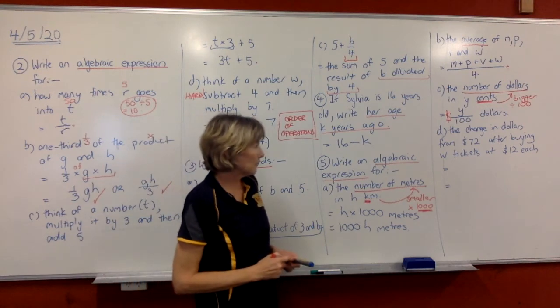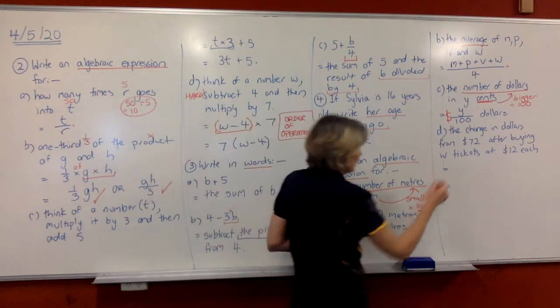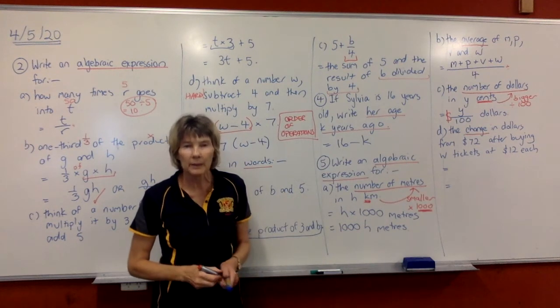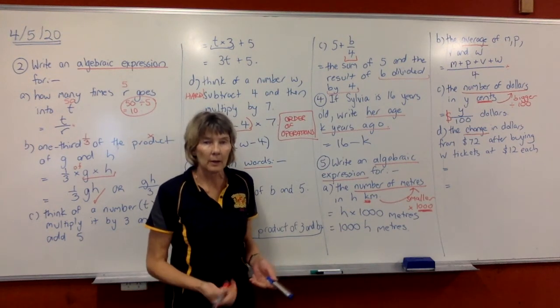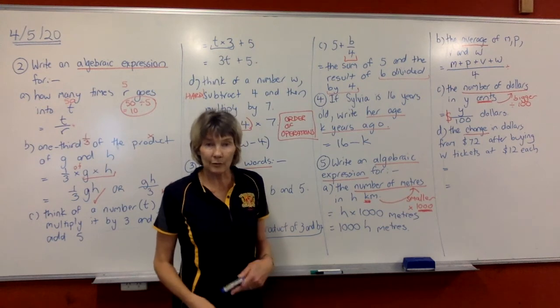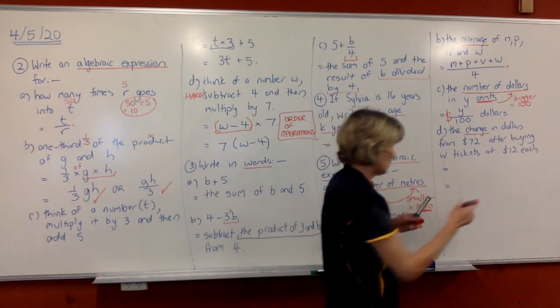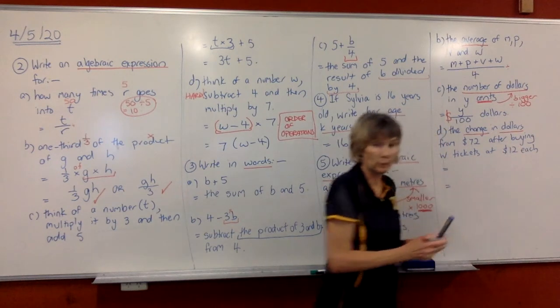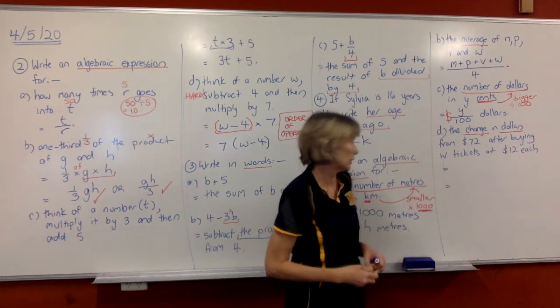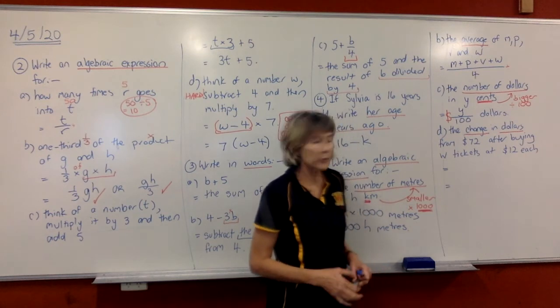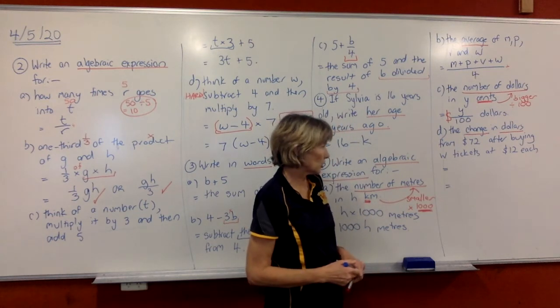Okay, D. This time we're finding the change. So you've gone to a shop, you've got so much money, you're buying something, you give them too much money and they give you change. So the change in dollars. That bit's important. We've got to make sure that we're in the right units. From $72 after buying W tickets at $12 each.